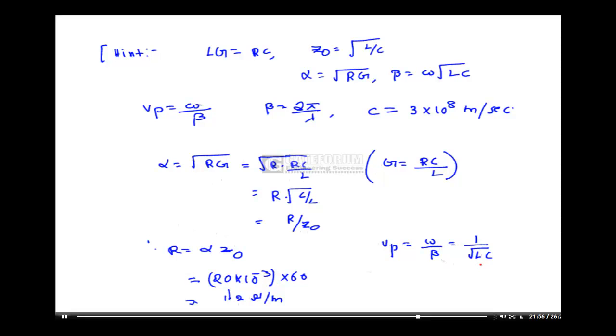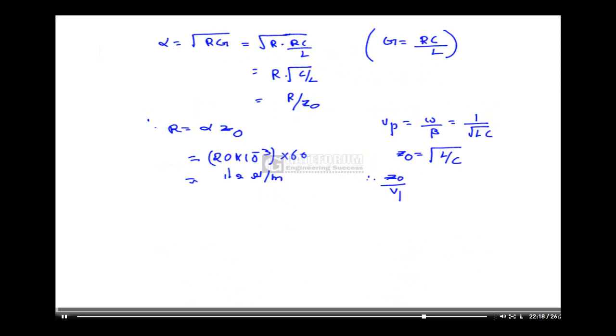Then this is how I can write: Z naught is equal to square root of L by C. Therefore, Z naught by phase velocity, that is square root of L by C by Vp.